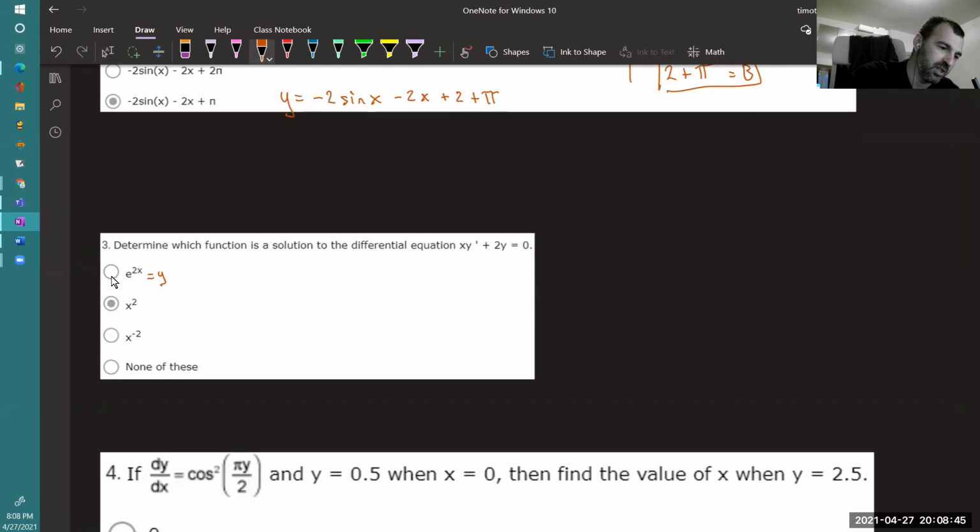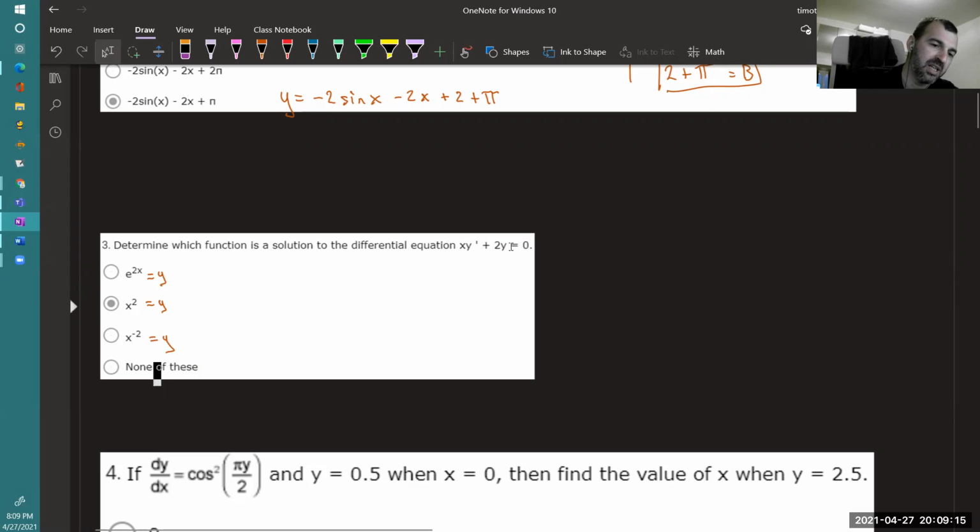When I take this y and plug it in here, and then take its derivative and plug it in there, I should get a true scenario. So I'm just going to plug some things in. If you're good at this, you can see this is something plus something else. It's got to equal 0, right?